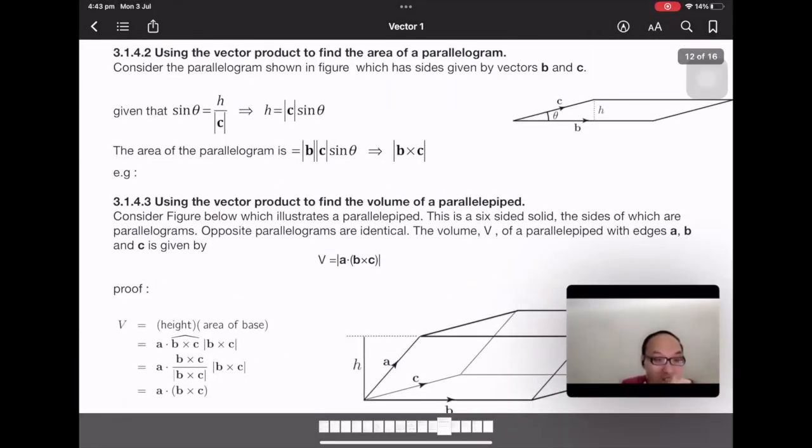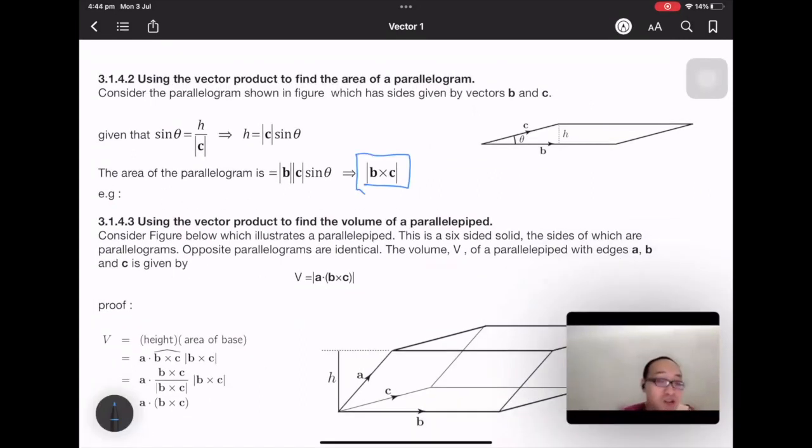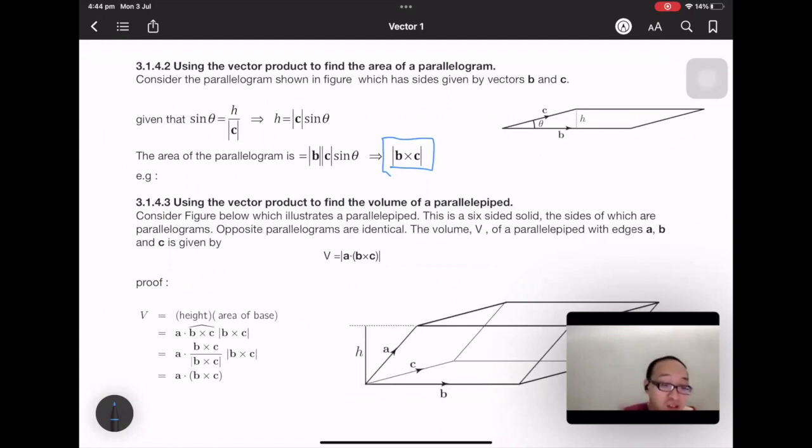The second use of the vector product is to find the area of a parallelogram. By finding the cross product, you will find the area of the parallelogram constructed by the two vectors. This is also not in the exam, so I just give you information.